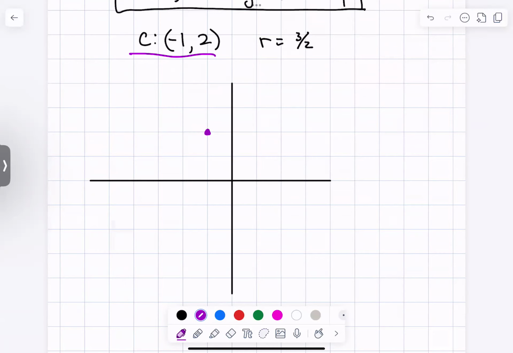And on your sheets of paper, from that center point, just go 3/2 or 1.5 units over to the right, up, to the left, and down.